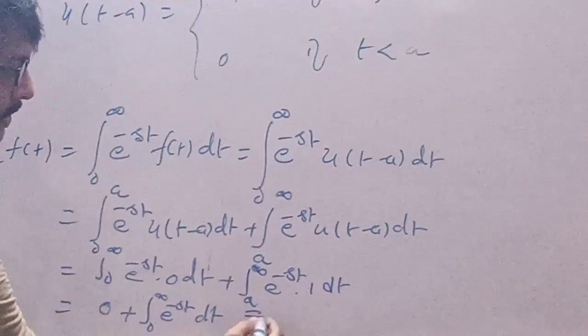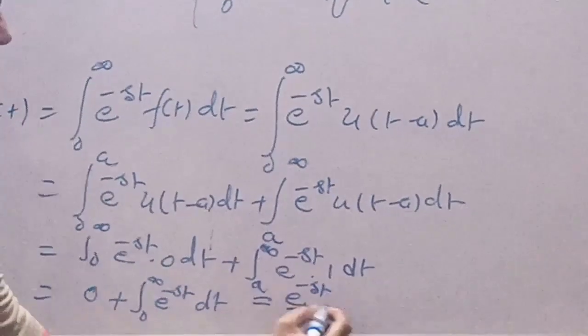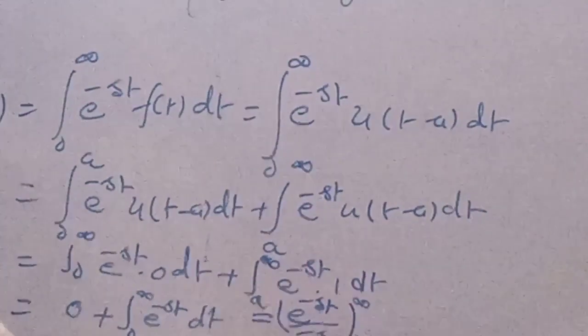So this equals e to the power of minus st by minus s within the boundary a to infinity.